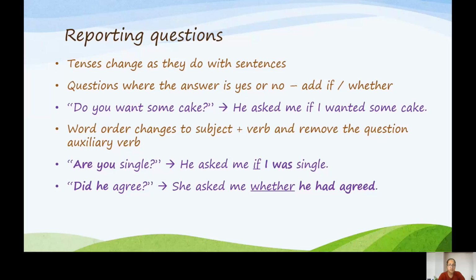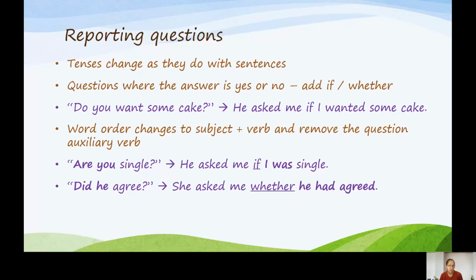So in both of these questions, the answer is yes or no. We don't have a question word. We take away the did from the second question, and we have the regular sentence word order.